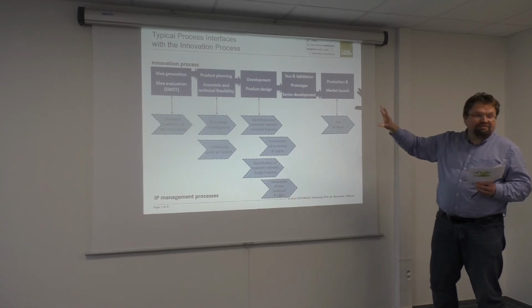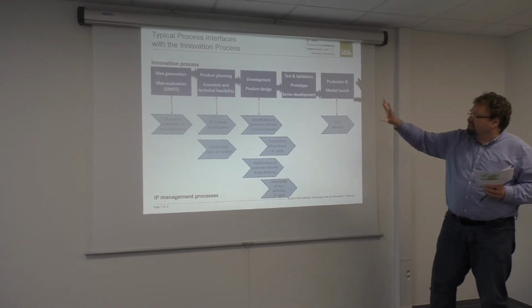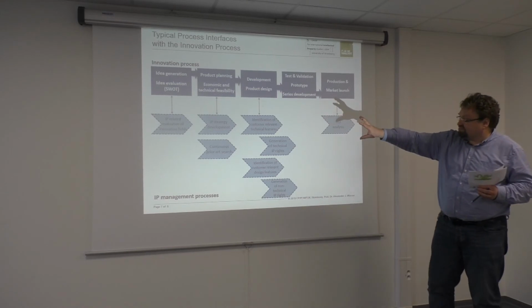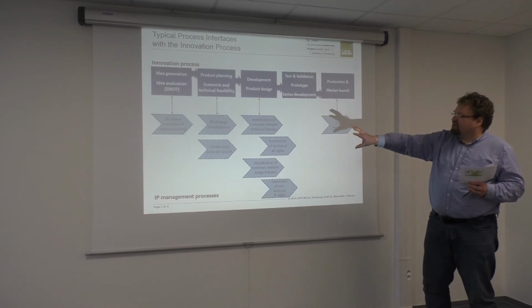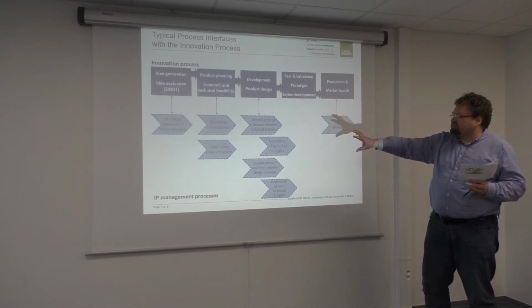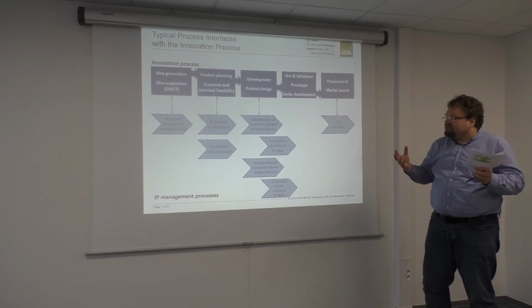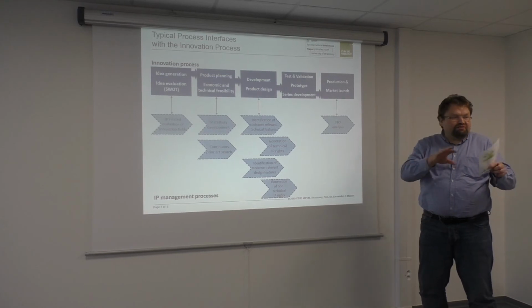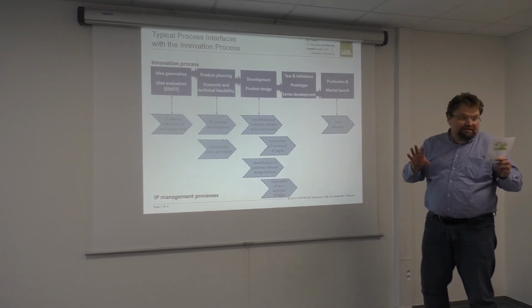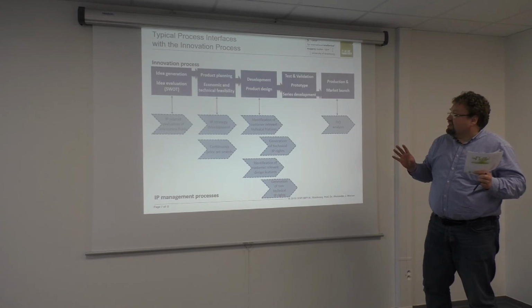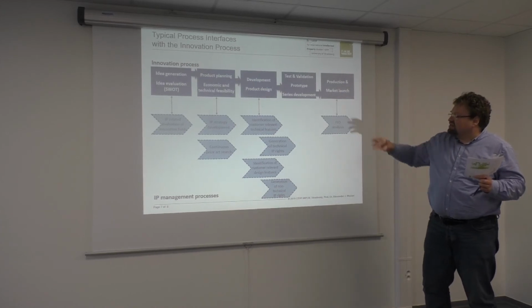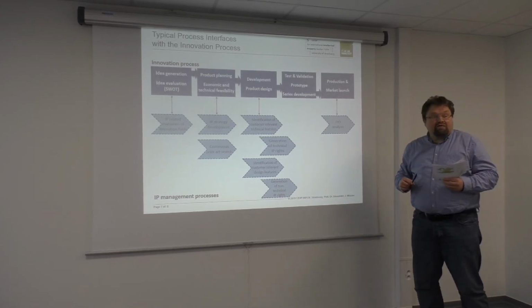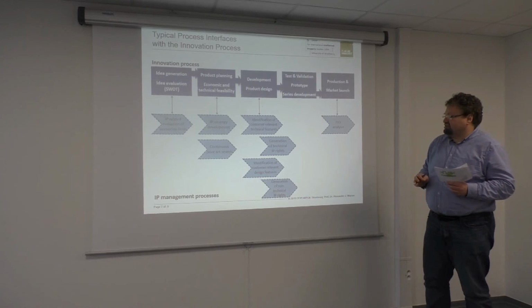And how does IP fit in here? So in the first part of the innovation, we have to evaluate the related IP of the field of innovation which we have chosen finally. And in the second part, we can develop our IP strategy.